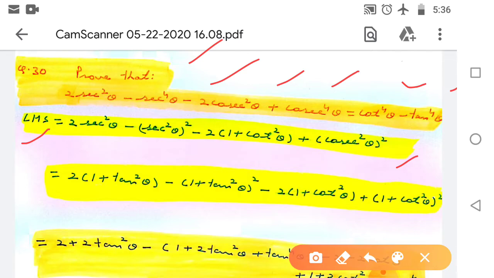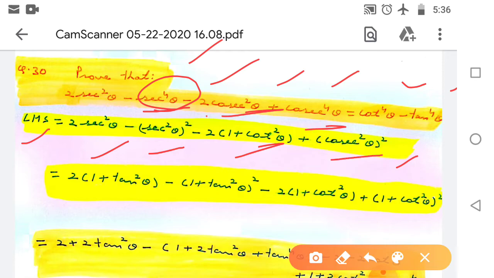Here, we have 2 sec square theta minus sec 4 theta, which we write as sec square theta whole square instead of sec 4 theta, and for cosec we write 1 plus cot square theta, and cosec 4 theta is cosec square theta whole square.